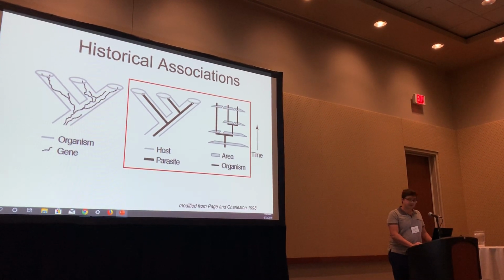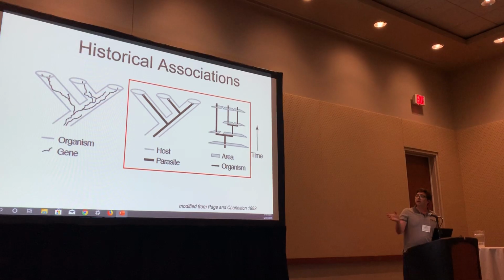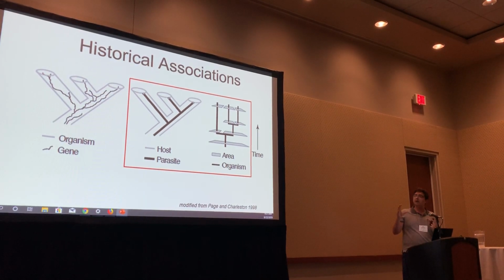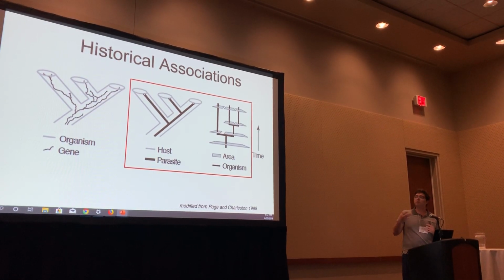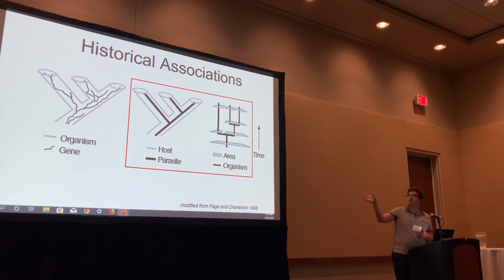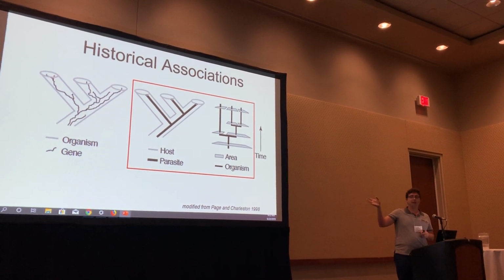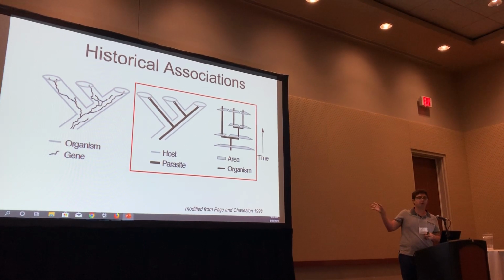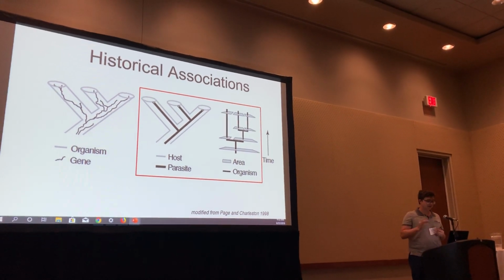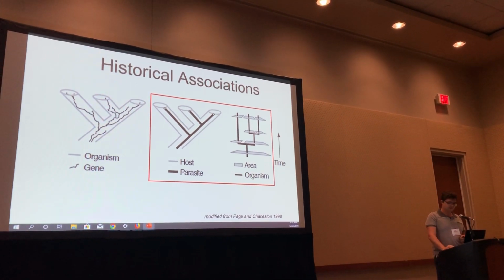And so today, I'm mostly going to be talking about these two and trying to provide a rationale that we maybe can use some more statistical likelihood-based methods from historical biogeography to analyze cophylogeny.